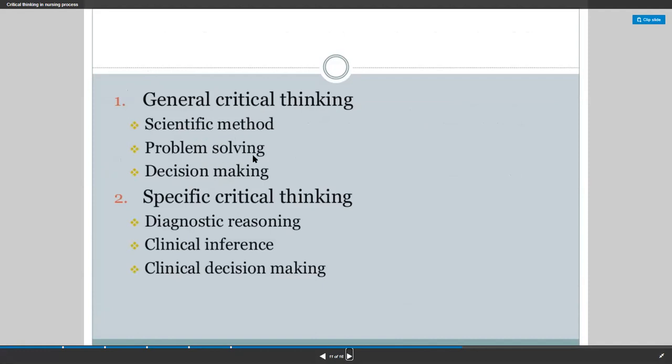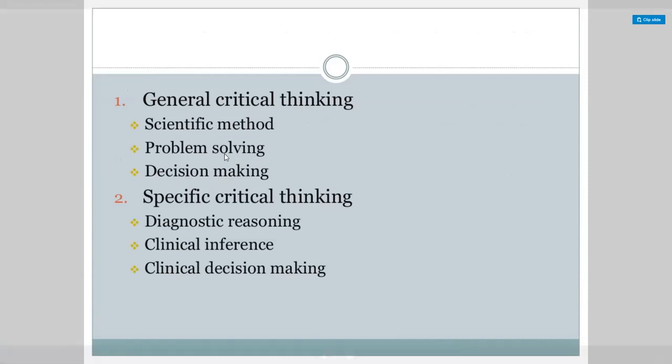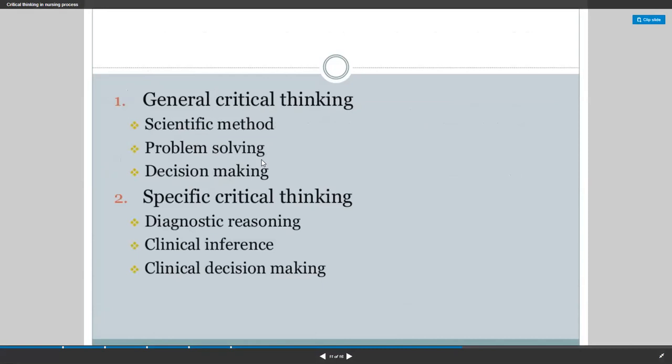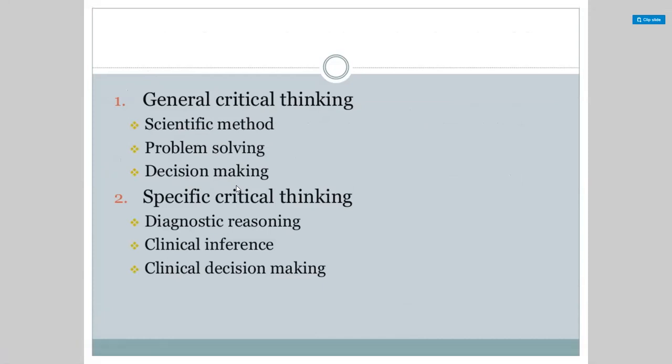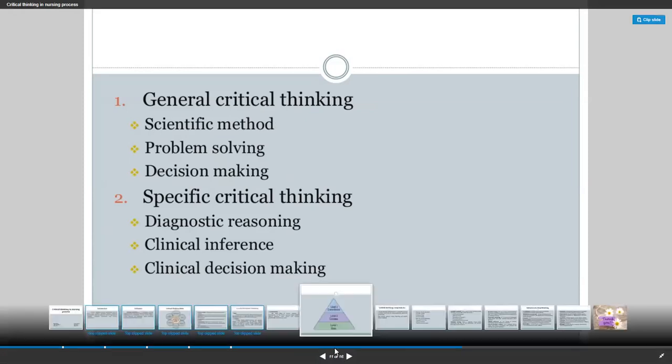Problem solving means how you are going to solve the problem; whatever information you get, you have to use the problem solving method. Then decision making: after problem solving, you have to decide which is better. Always have options like plan A and plan B, and decide what is relevant for that particular patient. Then specific critical thinking includes diagnostic reasoning, clinical inference, and clinical decision making.